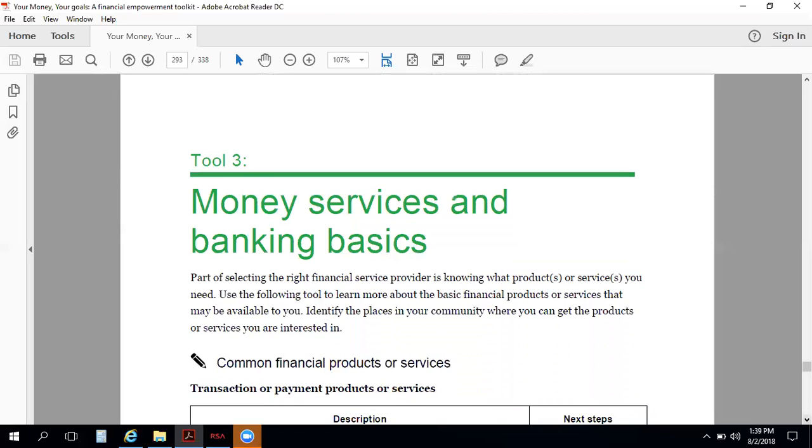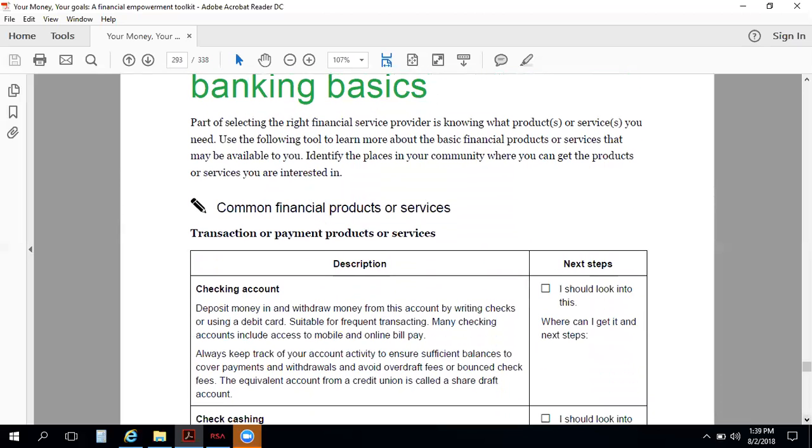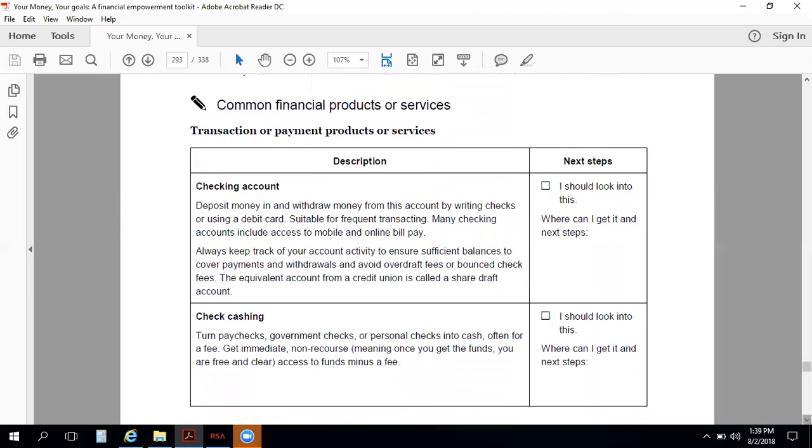Tool 3 is on money services and banking basics. And these are steps that a client should take once the account is set up, and it gives them some ideas of what types of questions they should be asking once they start banking.